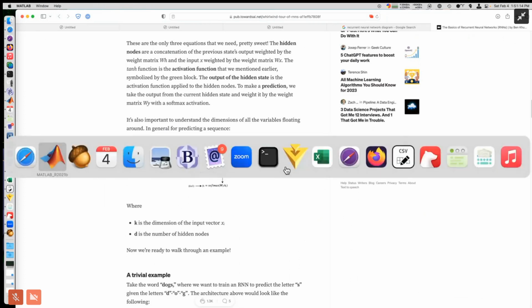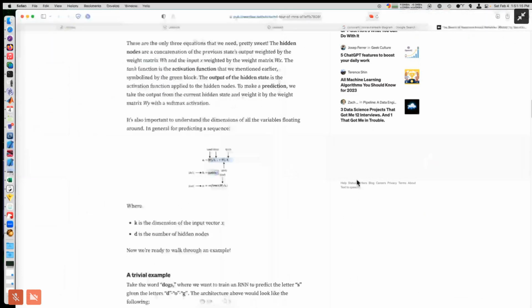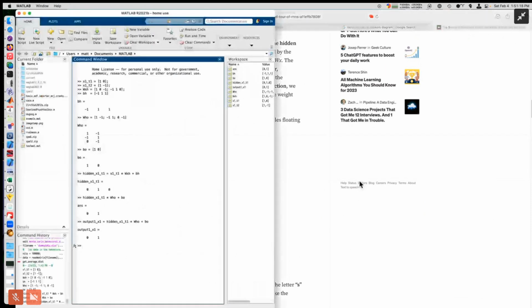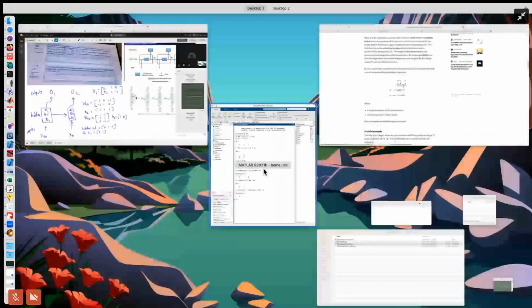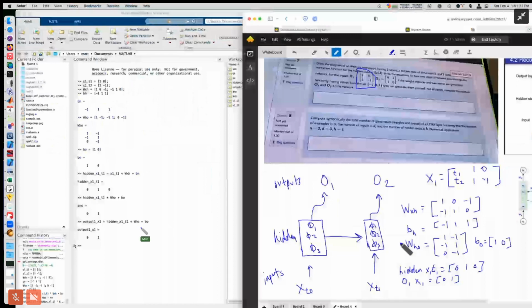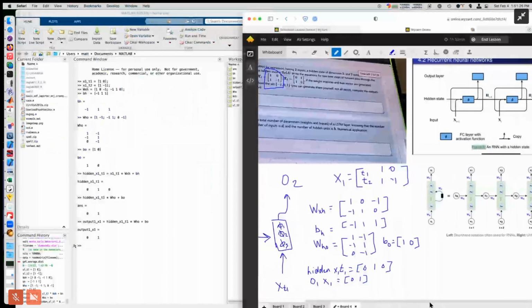So what we also need to make up is a weight matrix of hidden to hidden.